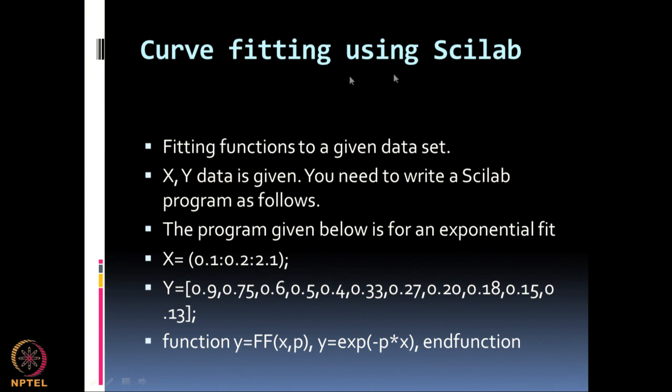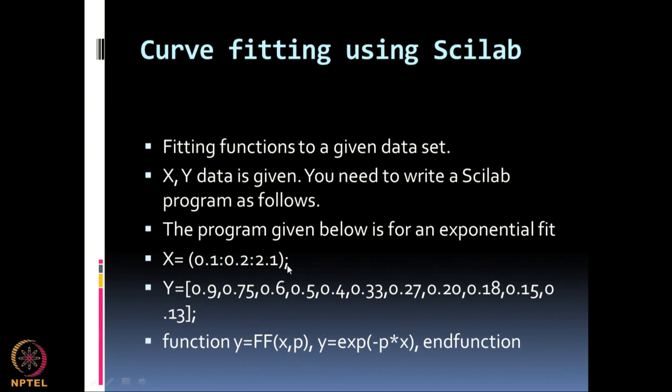Okay. So, for curve fitting, what is my starting point? My starting point is x and y, x is my independent variable and y is the dependent variable, this is the data that is given. So, before I start my Scilab program, I need all the data points. So, I take some simple set of data.